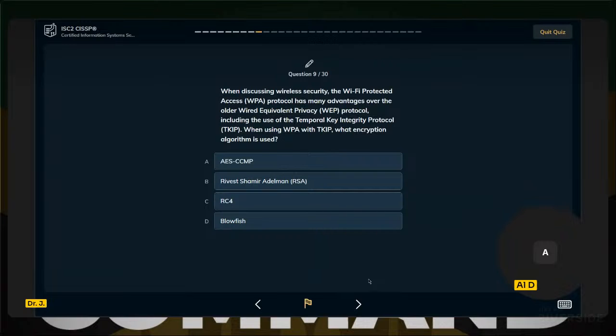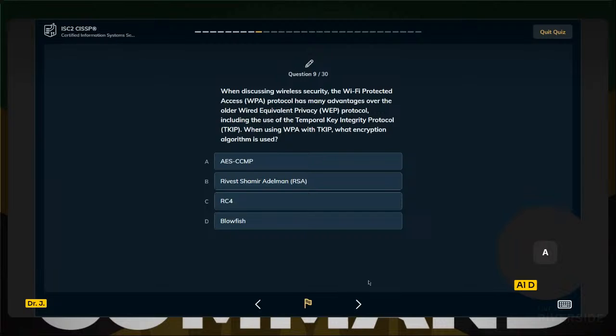All right, when discussing wireless security, the Wi-Fi Protected Access protocol has many advantages over the older Wired Equivalent Privacy protocol, including the use of the Temporal Key Integrity Protocol or TKIP.